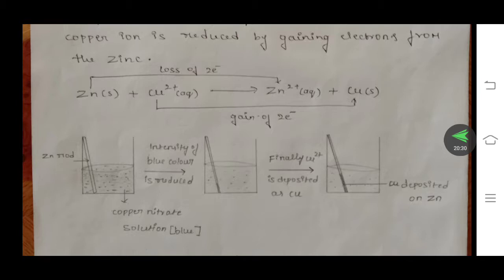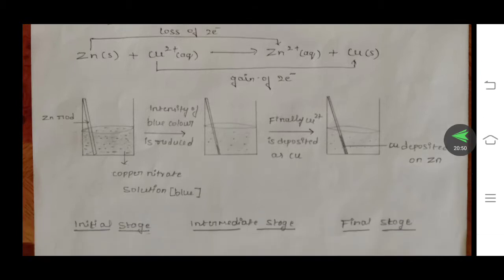In the first beaker there is copper nitrate solution, which is blue in color. A zinc rod is dipped in that solution. After some time, going towards the second beaker, the intensity of blue color is reduced. That is the intermediate stage.